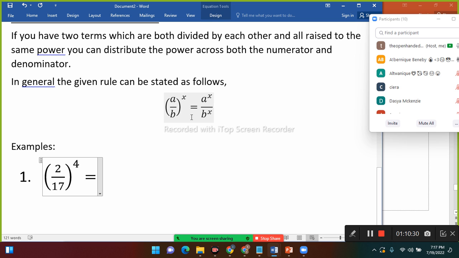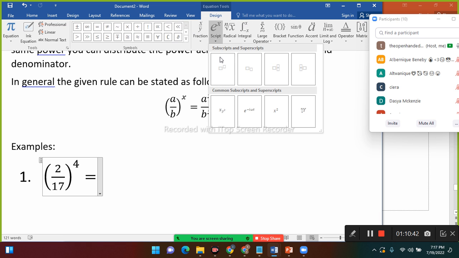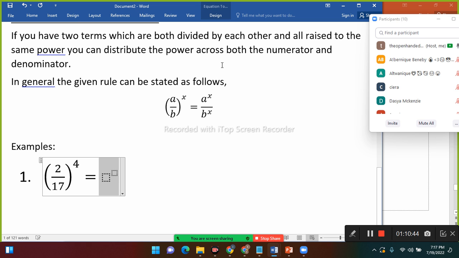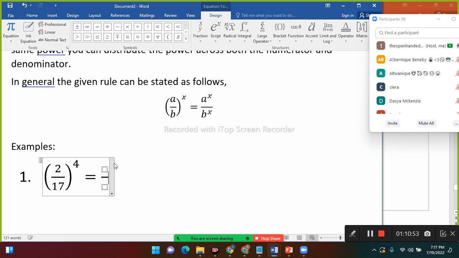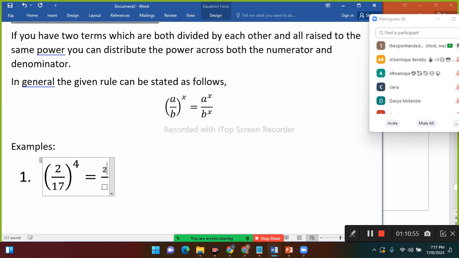Okay, so that'll be 2 to the power of 4 and 17 to the power of 4. Excellent. So she said it's going to be 2 to the power of 4 all over 17 to the power of 4, and that's absolutely correct.